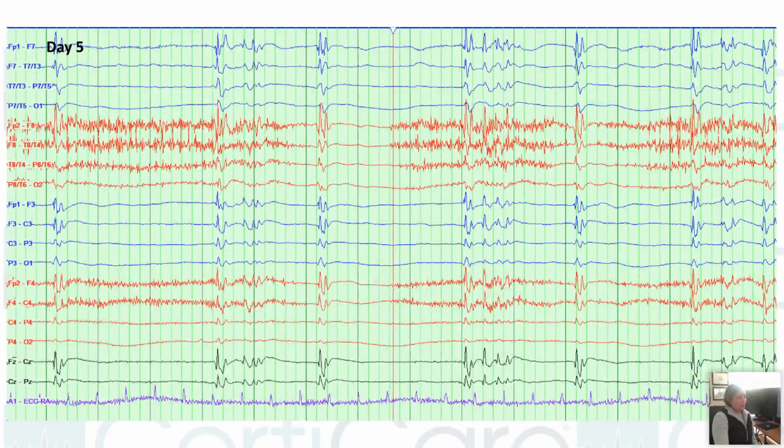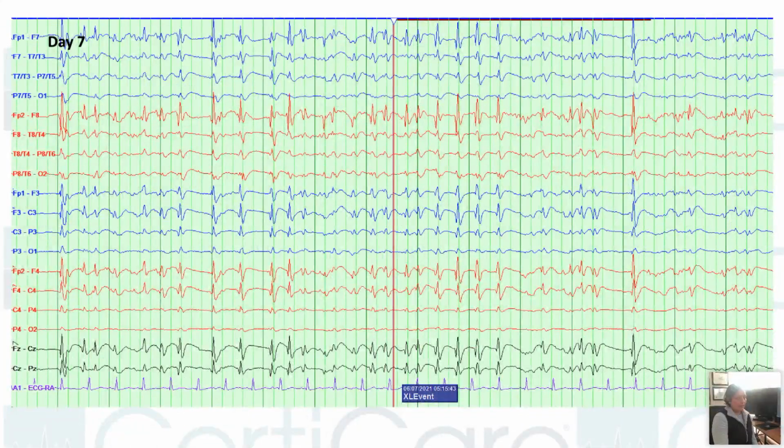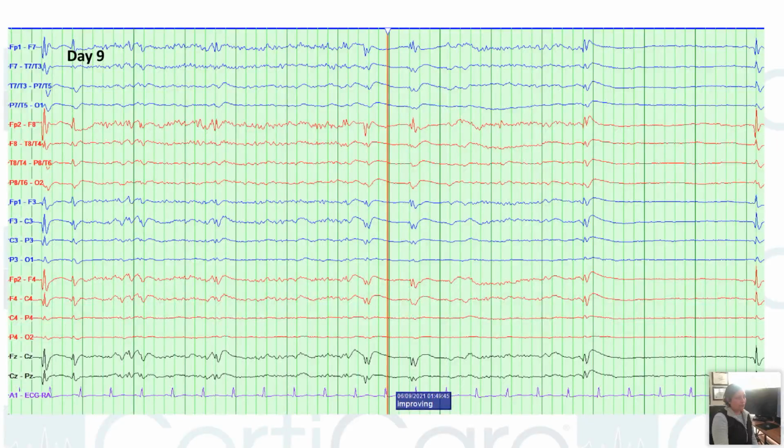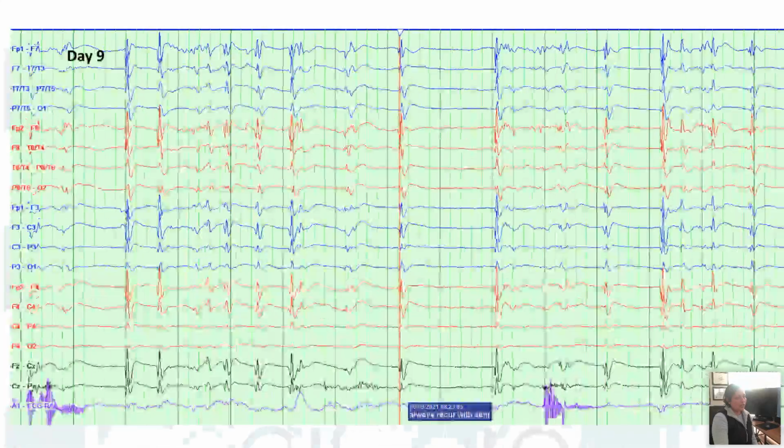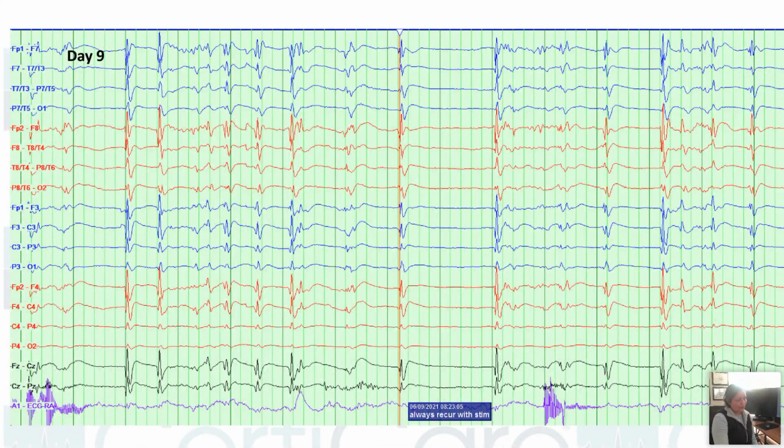It did get suppressed, but then on day 5, the epileptiform discharges reappeared. Background is suppressed. Day 7. So basically this brain never recovered. Day 9. And at this time point, it says it's improving, but the patient clinically never improved.